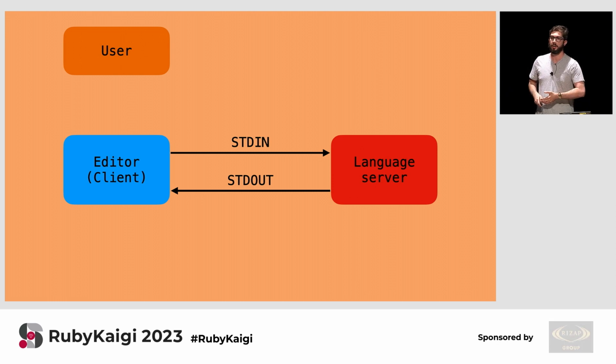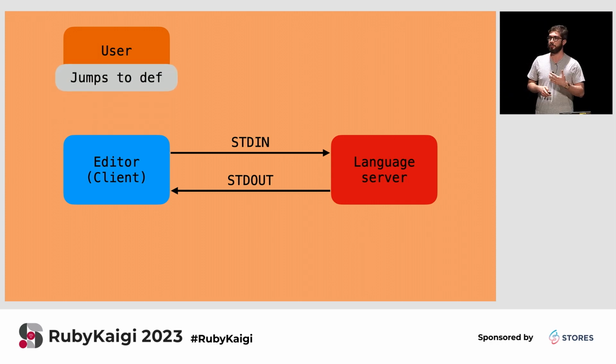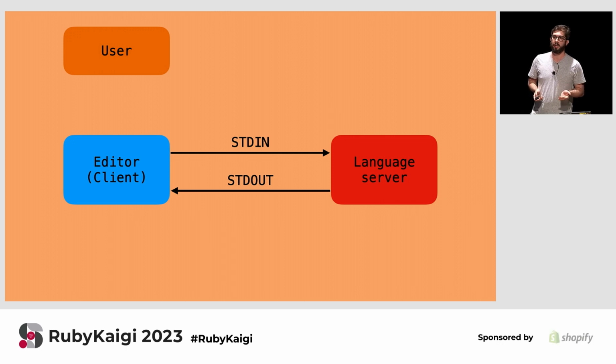So it needs to find where the definition exists, return that as a JSON response to the editor, and then finally the editor will use that response to perform the action that was requested, jumping to the definition location. All interactions between the editor and language servers are exactly like this one. The user takes an action, the editor translates the action into JSON requests, and then the language server fulfills those features for the user.